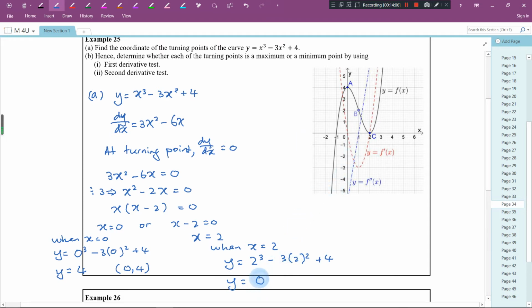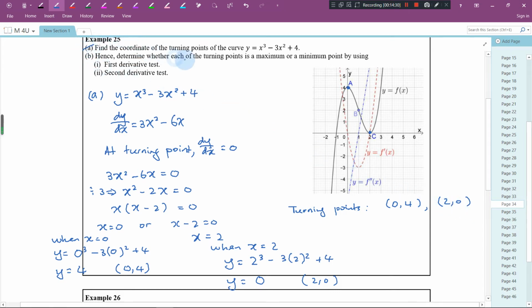You will get 0. So the coordinate for this turning point will be (2, 0). So we have two turning points here. They are (0, 4) and (2, 0).